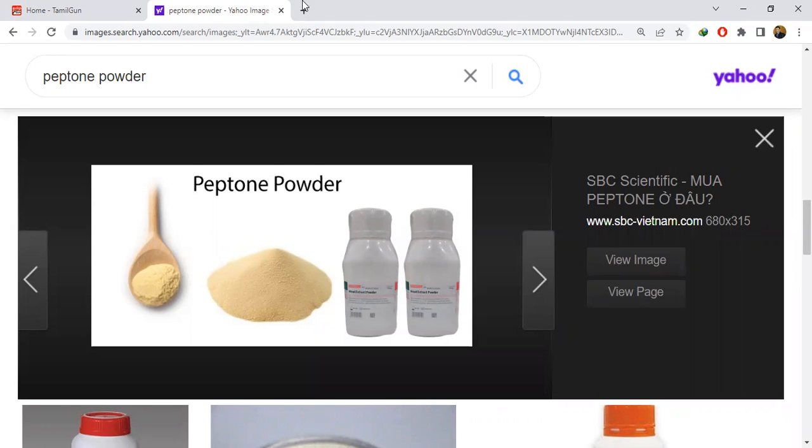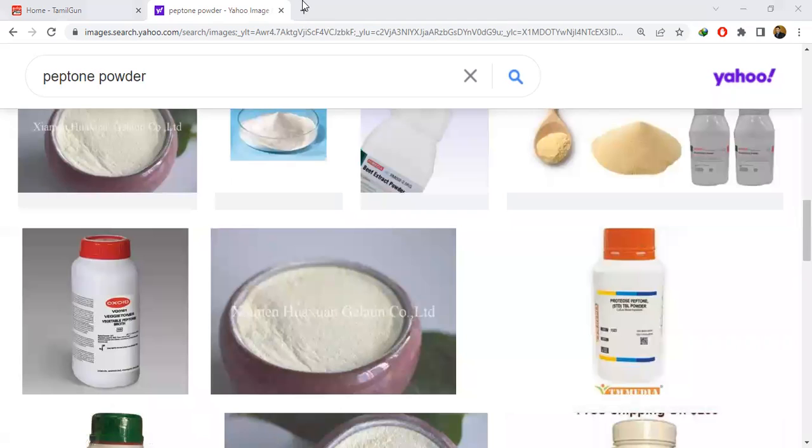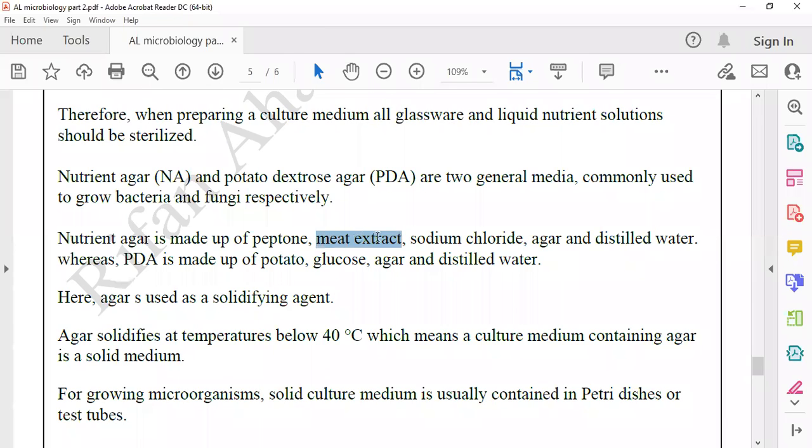It's a protein source. We are using peptone, the protein source there. That's in the laboratory. Meat extract, by boiling some pieces of beef and taking that extract, we use it. Sodium chloride. Sodium chloride is very essential for bacterial growth, so we use it. Agar is a solidifying medium. Agar has no more role to play. It will make that medium solid.